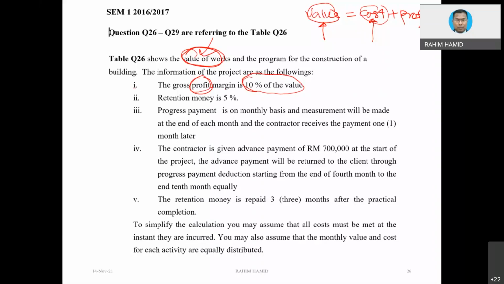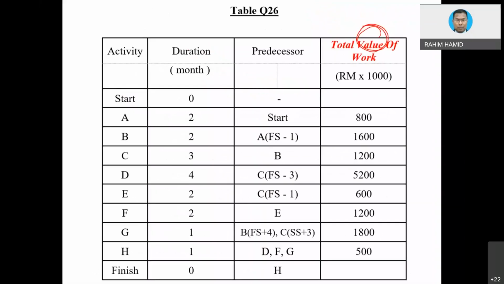But for the client, it could be the other way around, as in the case of negotiated cost and negotiated contract and whatnot. But for simplicity, so as not to get people confused, we are going to simplify, meaning we say 10% of the value. Meaning if the value is given here, then how do you know the profit?